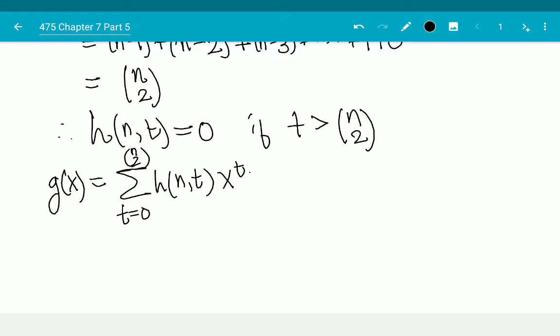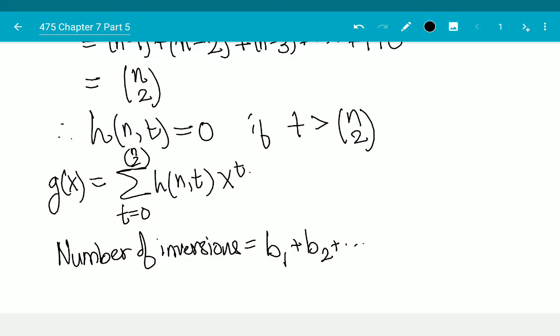Well, let us try to figure out how many permutations are there which have exactly t inversions. How do you get an inversion? The number of inversions is basically the sum of elements of the inversion sequence, right? If you remember, the inversion sequence of a1 to an was b1 to bn. The number of inversions was b1 plus b2 plus dot dot dot up to bn, right?